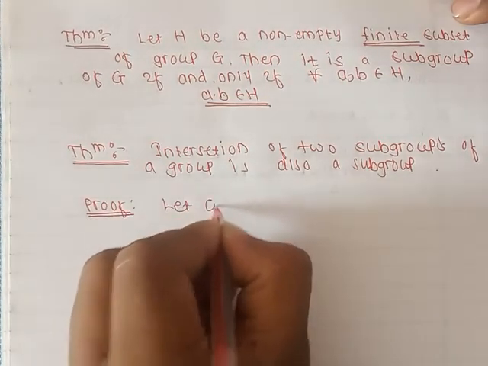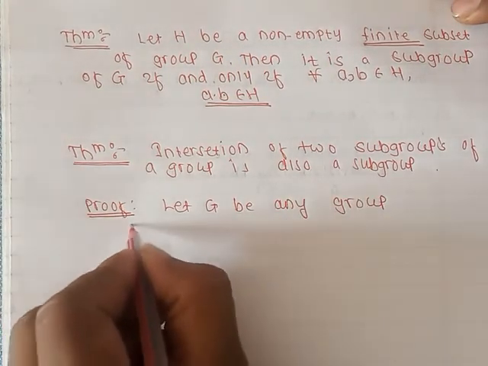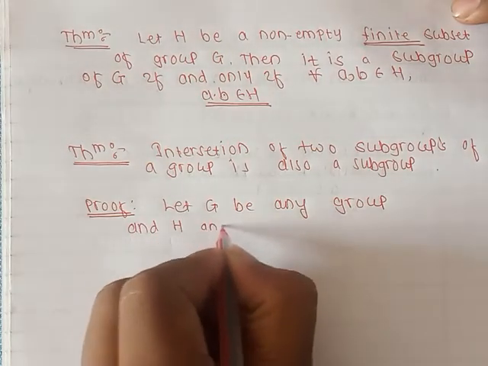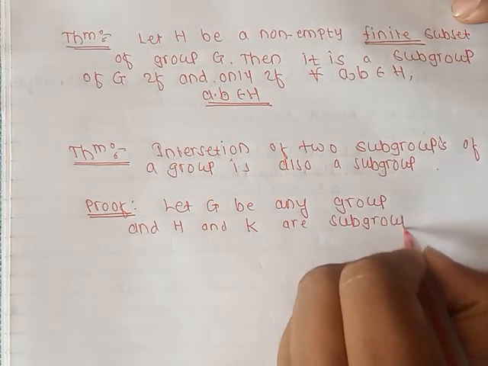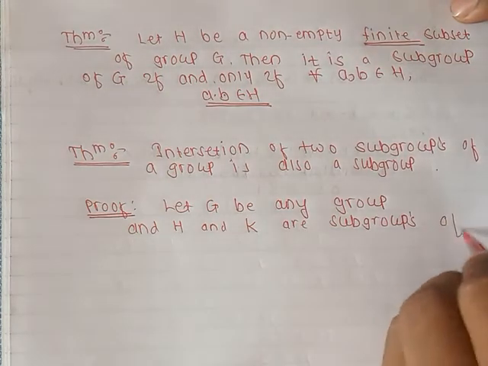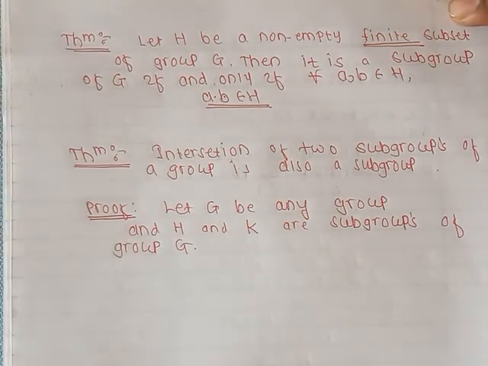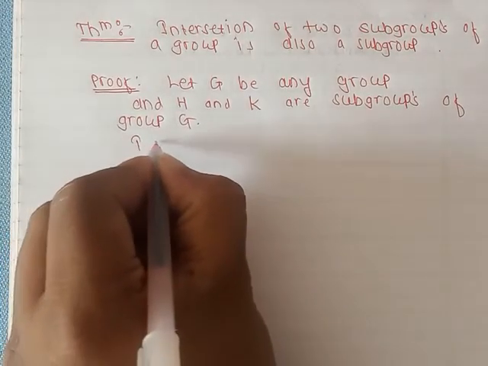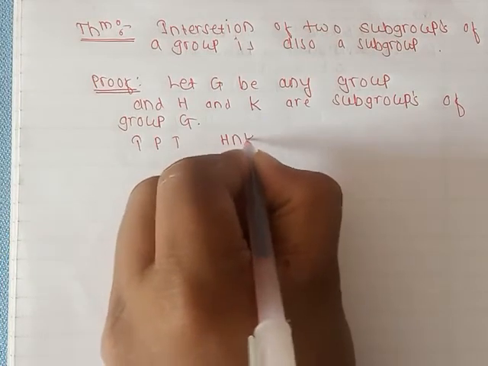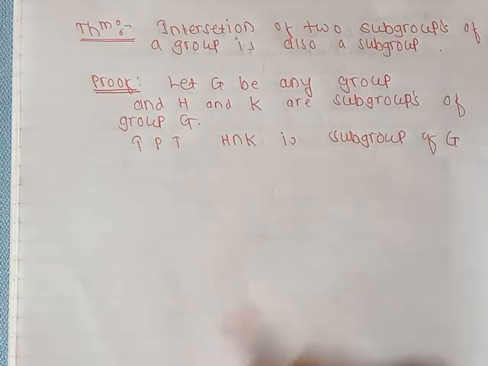Let G be any group and let H and K be subgroups of group G. To prove that H intersection K is a subgroup of group G.